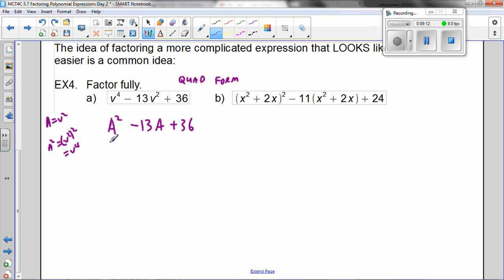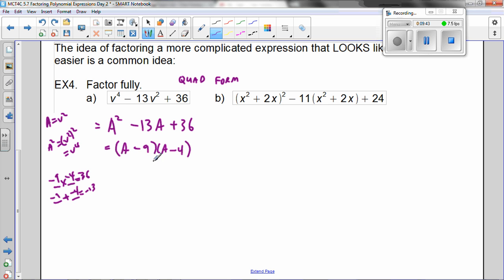This does work. This one's not hard. This is a simple trinomial now, right? Numbers that multiply to get 36 and add to get negative 13. What is it? Negative 9 and negative 4. So I got a minus 9 and a minus 4.